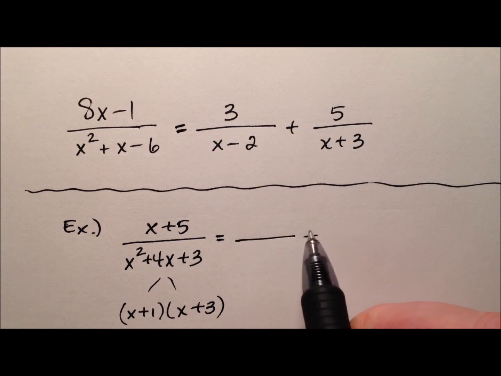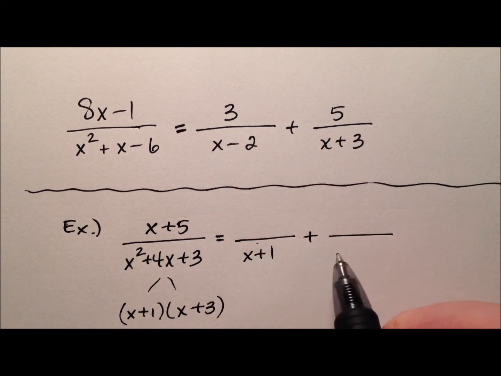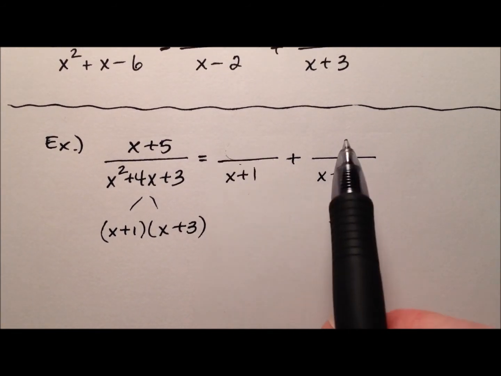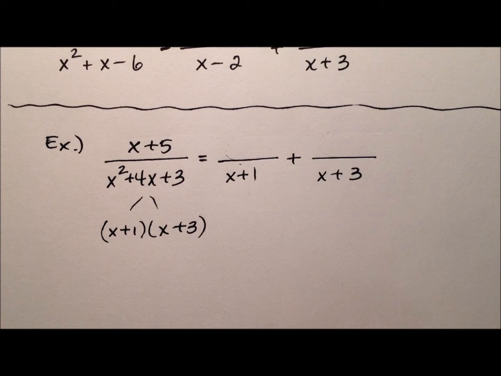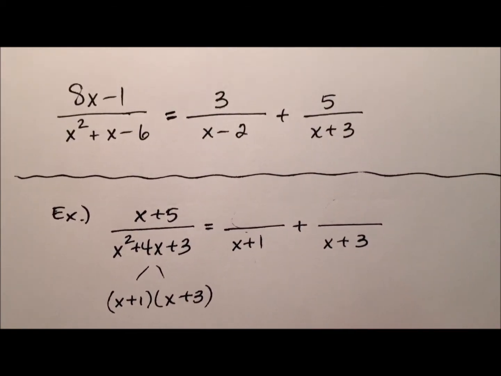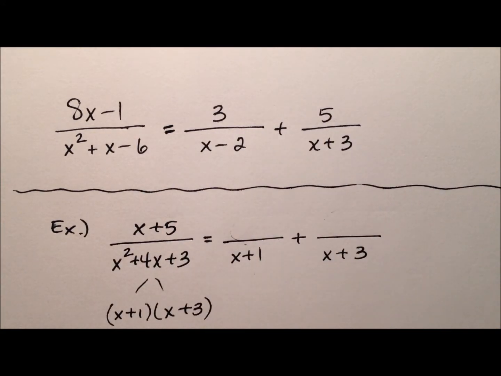What this is going to look like is that I'm going to make a fraction for each one, x plus 1 and x plus 3. What ultimately are going to be the numerators here? That's really what we're trying to solve for. In the previous example that I showed you, in each case it was just a constant.